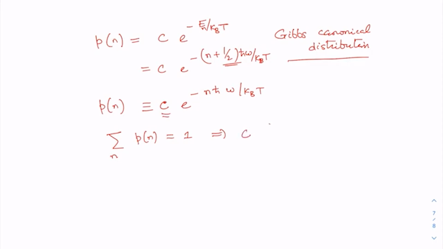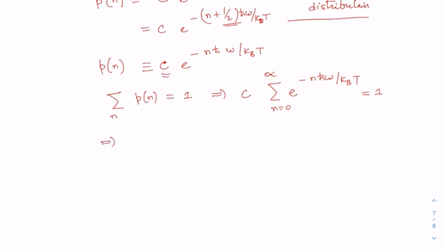If you take c out, you will get a series: the sum over n from 0 to infinity of e to the power minus n h cross omega by kBT is equal to 1 over c. I can now write this as 1 plus e to the power minus h cross omega by kBT plus e to the power minus twice h cross omega by kBT, and so on.